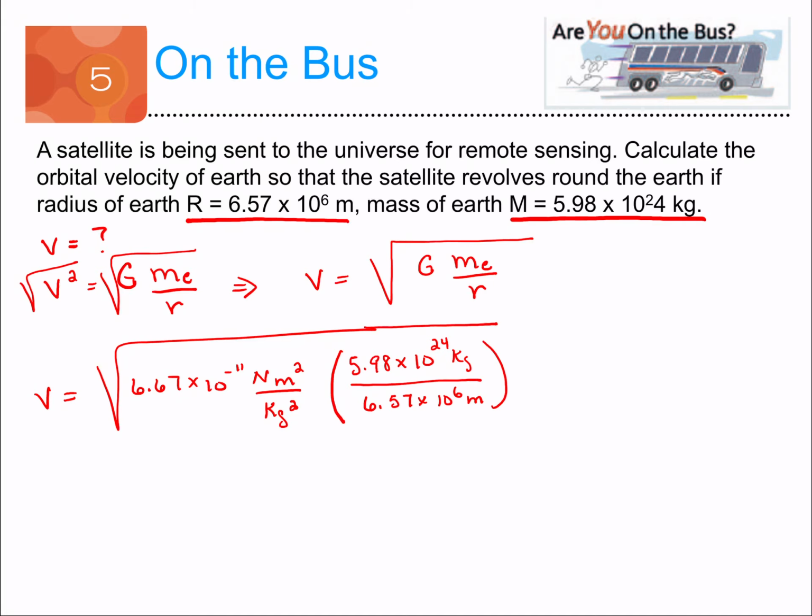When we plug this into our calculator, you should find that v equals 7.8 times 10 to the 3 meters per second.